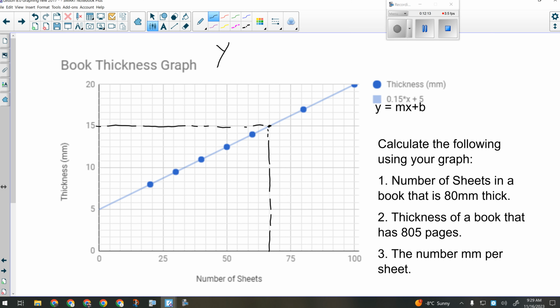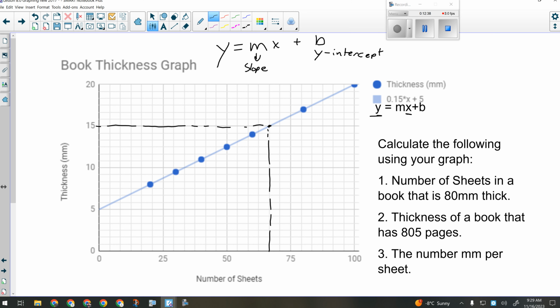So that's what your y and your x are for in that equation. M is the slope. And b is your y-intercept.